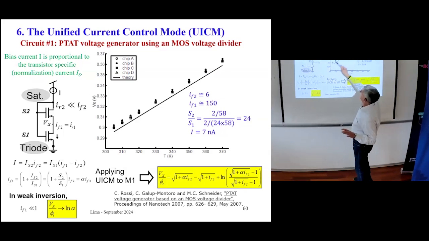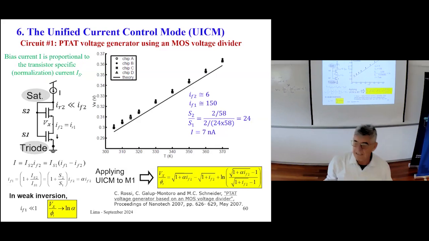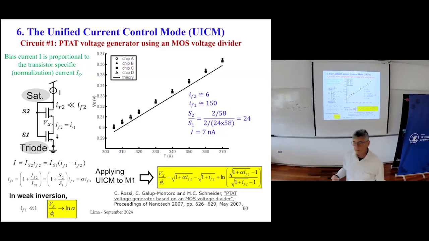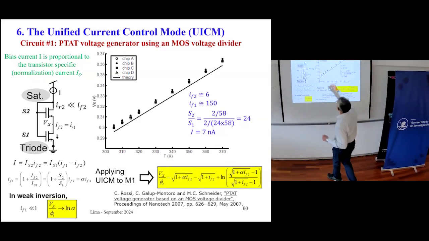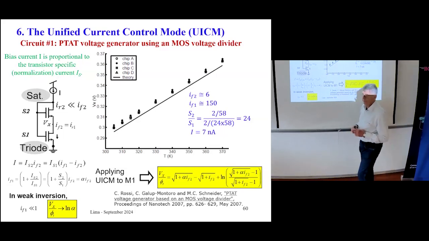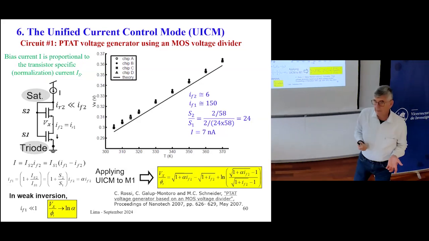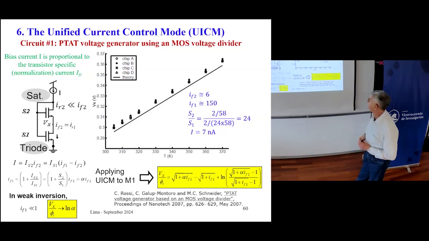This would be the result in the case of an ideal self-cascade mirror, but we have a small offset compared to the ideal straight line.